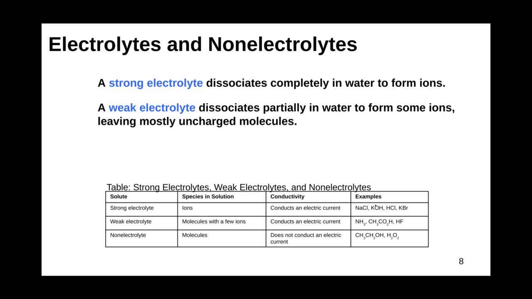Potassium hydroxide here, negatively charged hydroxide, positively charged potassium. Hydrochloric acid, essentially hydrogen with no charge, and negatively charged chlorine, and the same thing for KBr. So a lot of strong electrolytes you can physically just see. It's usually a halide, i.e. a chlorine or a bromine bound to a metal. That's the easy way to see it.